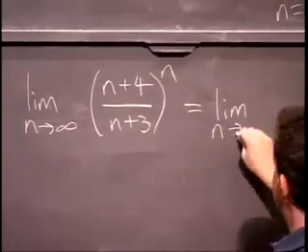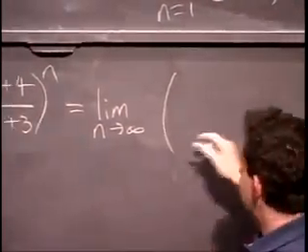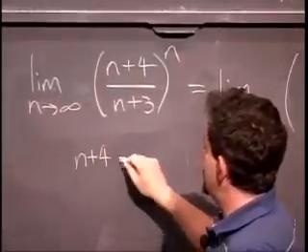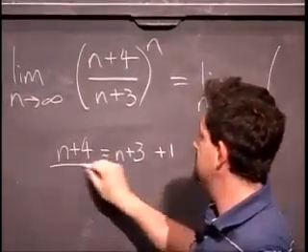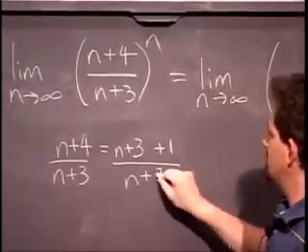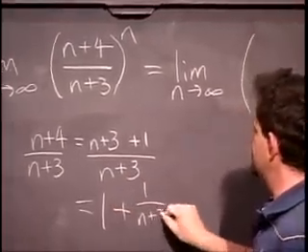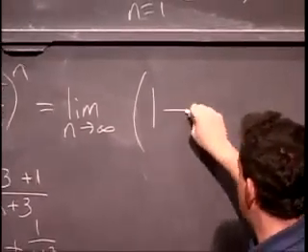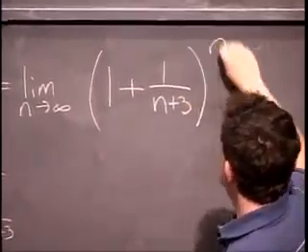Well, this is the limit as n goes to infinity of what? Well, I'm going to write n plus 4 as n plus 3 plus 1. So this is 1 plus 1 over n plus 3. All right, so this becomes 1 plus 1 over n plus 3, all to the power n.